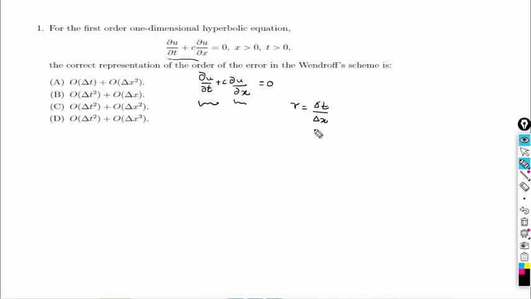Now substituting this into the previous equation and here applying central difference, you will get the answer.